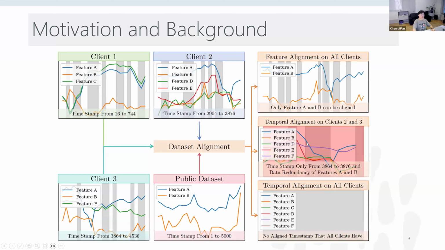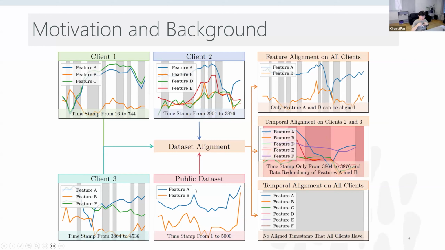In our setting, each client has time series data, but they differ in two important ways. First, the time windows are misaligned. One client might collect data from 16 to 744, another from other time steps. There's no common time axis. Second, the feature sets are not the same. One has some features, but not the others.